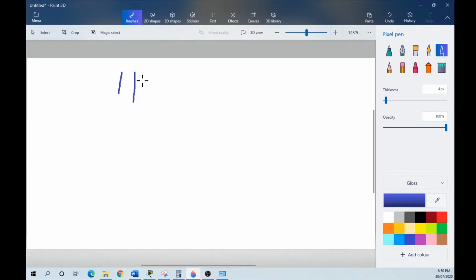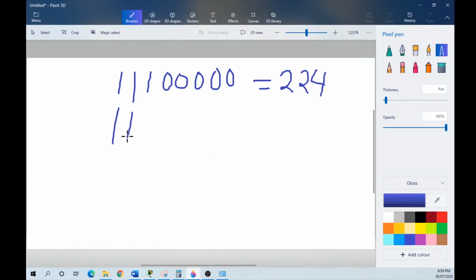With three 1s and the remaining 0s, this number will be 224. Similarly, with four 1s, this number will be 240.